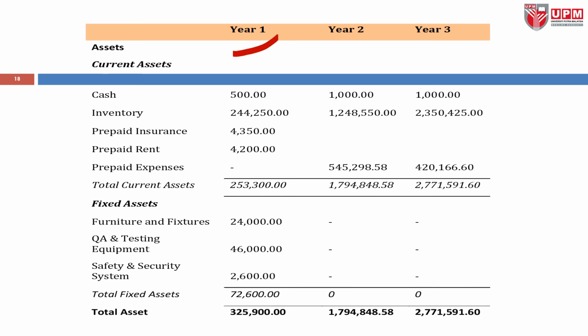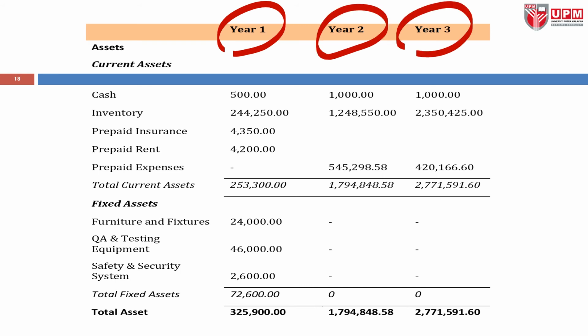So we have year 1, year 2, and year 3. The same elements appear. We have the current assets: cash, inventory, prepaid insurance, prepaid rent, prepaid expenses because it's not being paid yet. So you can just put it up like a projection.